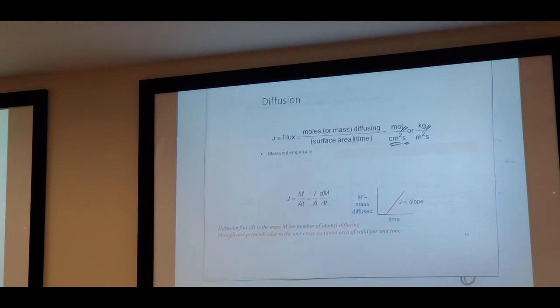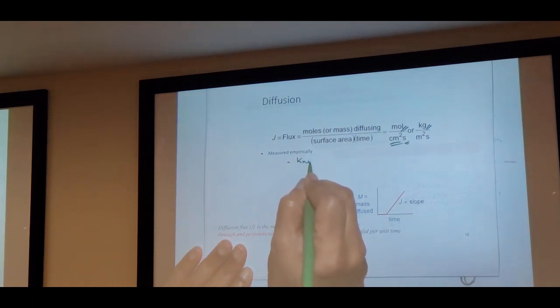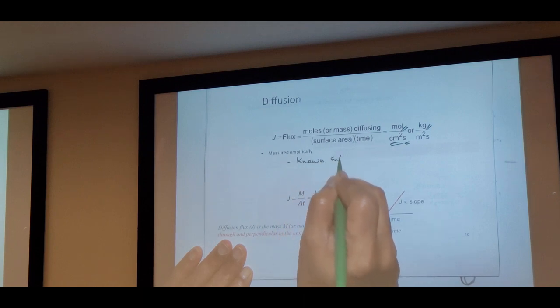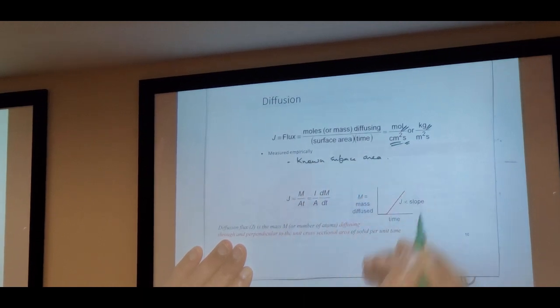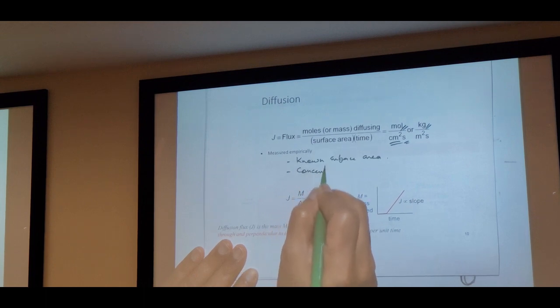So it can be measured empirically, using a cross-sectional area, a thin film. And a very important aspect: for diffusion to happen, there should be a concentration gradient.